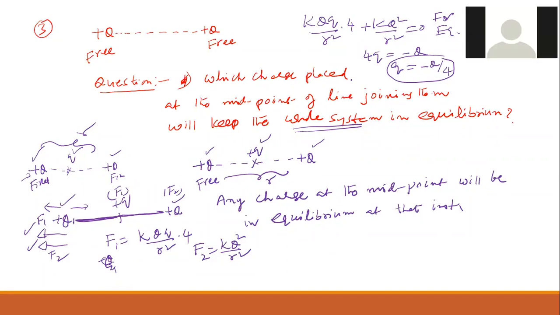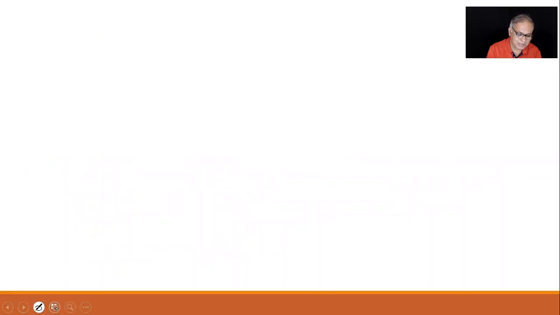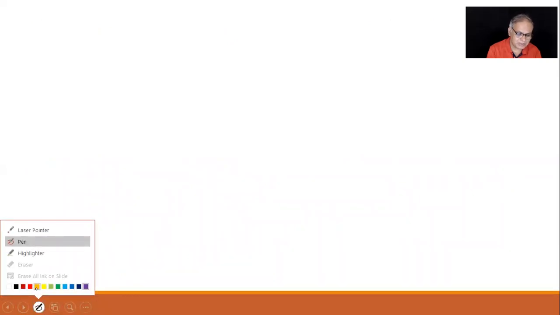Understood, sir. Right. If you understood it, let me see. I'll go for a similar question. But even there, I'll once again split the question into smaller parts. Fourth one. Look, I have 3 charges placed like this, plus q, plus q, plus q, and they're all fixed.